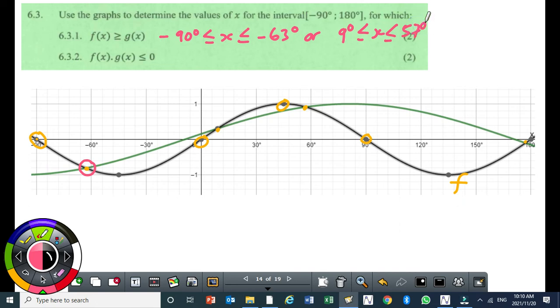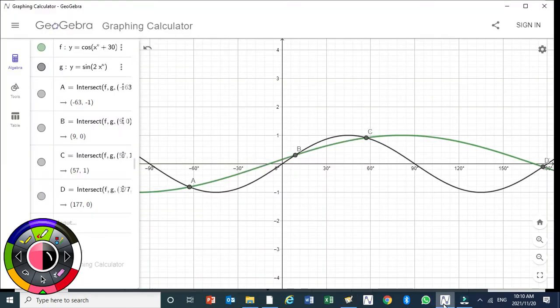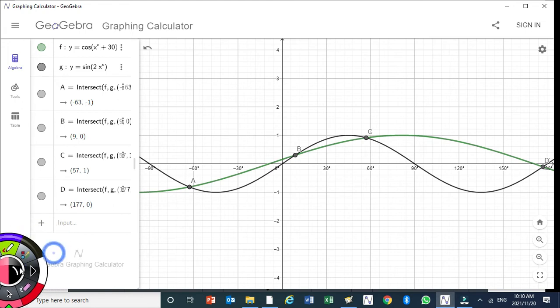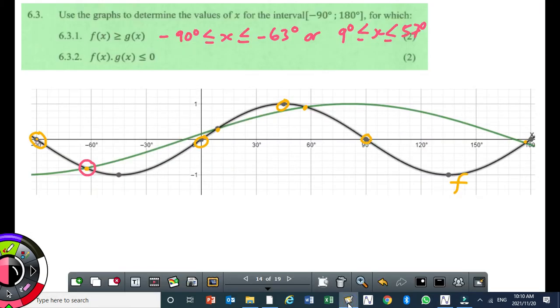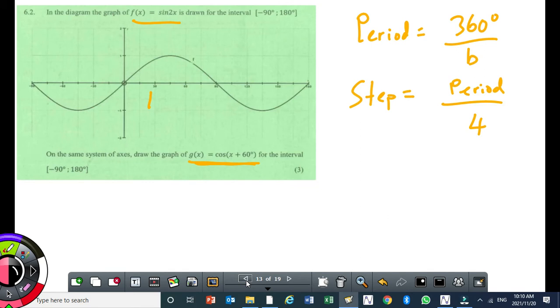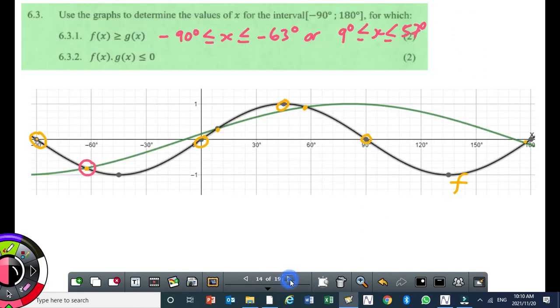Now, there's a third solution to this. That's why I feel like the mark allocation was not fair. The third solution, for point D is 177. The question was saying sketch the graph between minus 90 and 180 degrees. So there's a third solution.